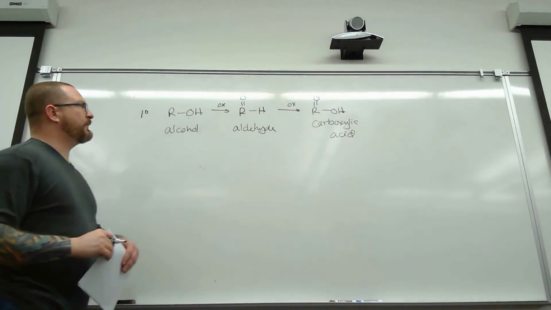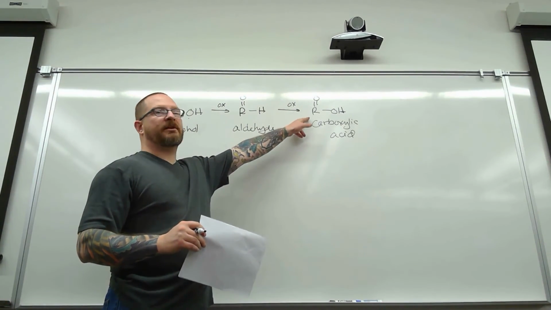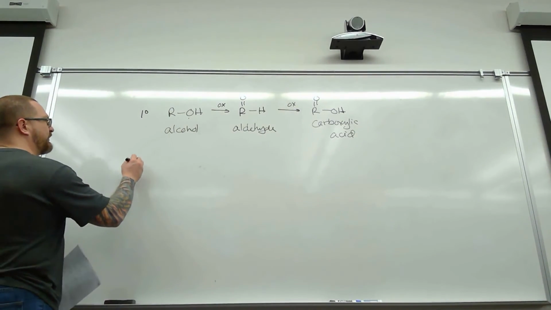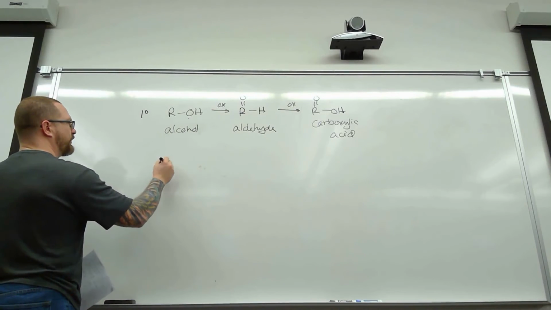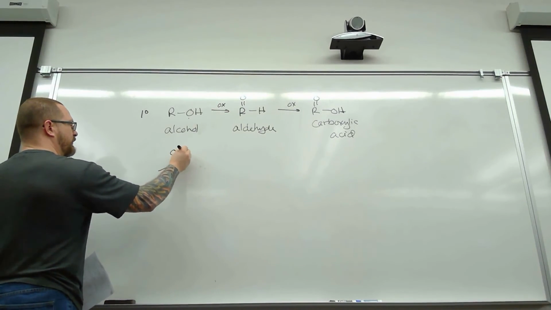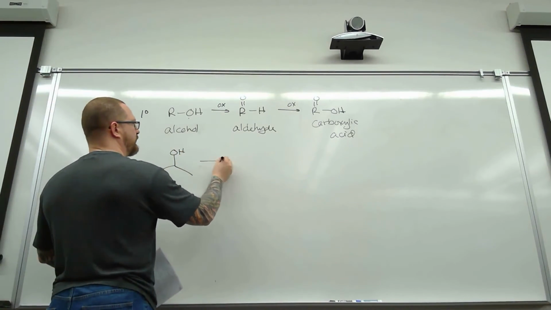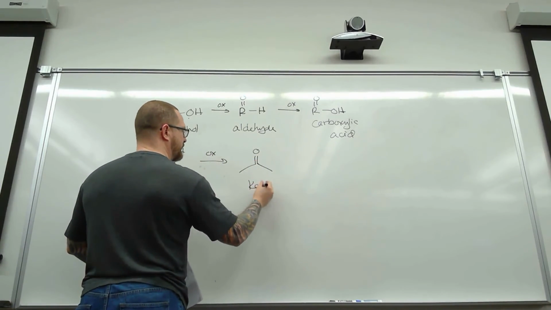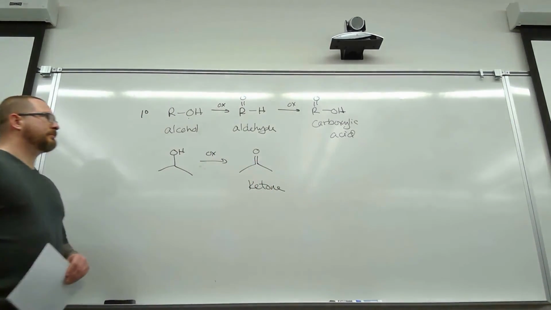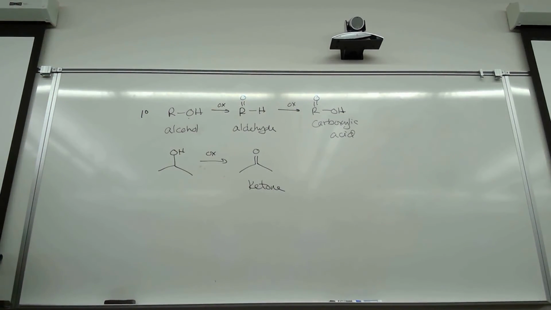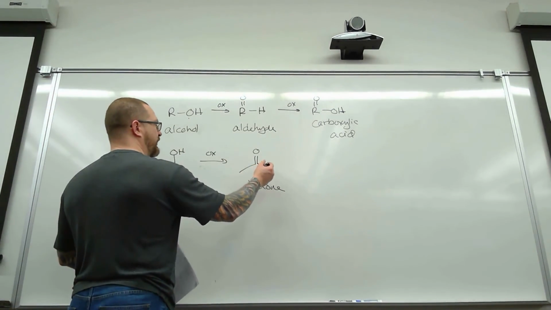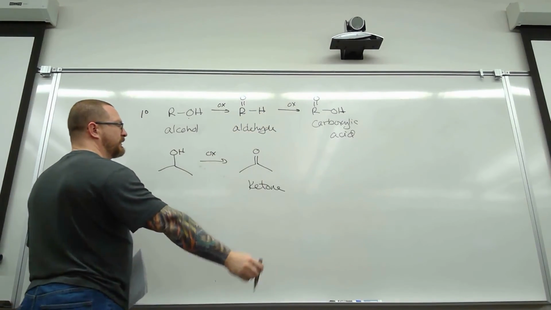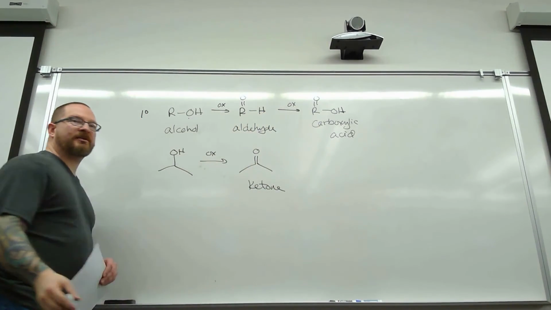Because it's on the end of the carbon chain, there's room to add another equivalent of water over here. If we have a secondary or higher order alcohol, the first oxidation gives us a ketone. So those are our three possible outcomes. Because we already have four bonds here and no hydrogens that can get kicked off with another unit of water, this cannot go to a carboxylic acid.